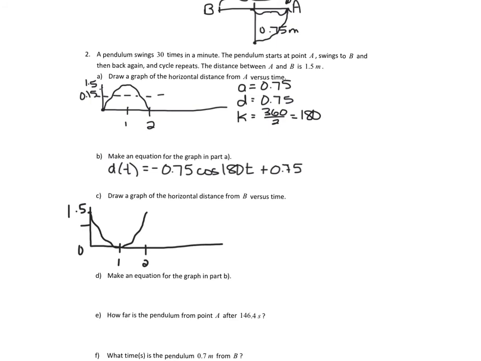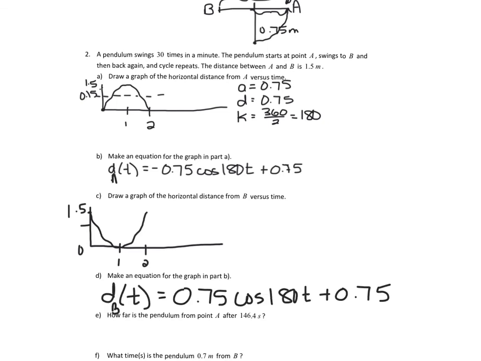The equation for this is now a positive cosine curve. Everything else is going to stay the same because I still don't have any phase shift. It's just that now my A value will be positive.